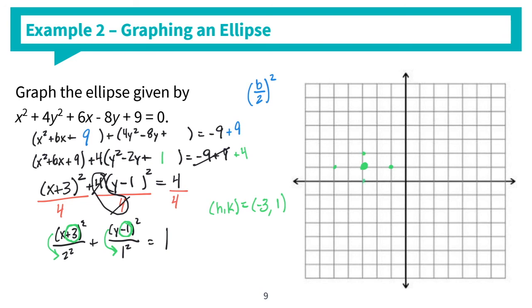And this one's a tiny ellipse. So there we go. That is the graph of our ellipse. It is elongated horizontally, which makes sense because A, the larger value, is this one, and that is underneath the x parentheses. So this ellipse is long along the x-axis or the horizontal axis technically.